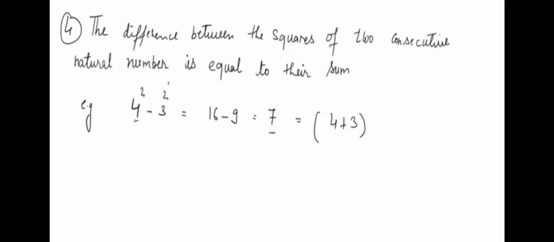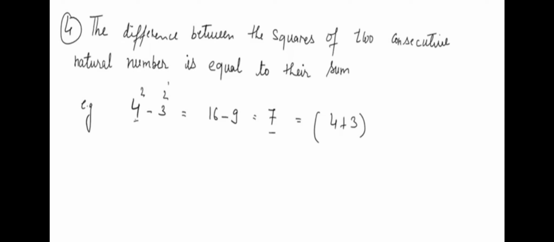Once again I am repeating, the difference between the squares of two consecutive natural numbers. Difference means subtract. Here I have given an example, 4 square minus 3 square. 3 and 4 are consecutive natural numbers. When we find the difference, we write 4 square minus 3 square.